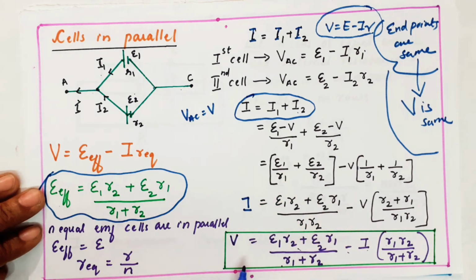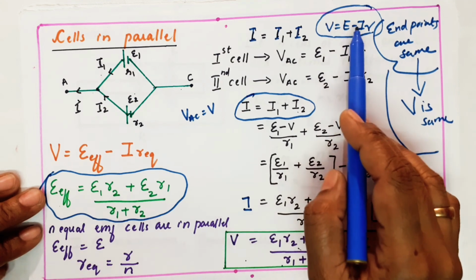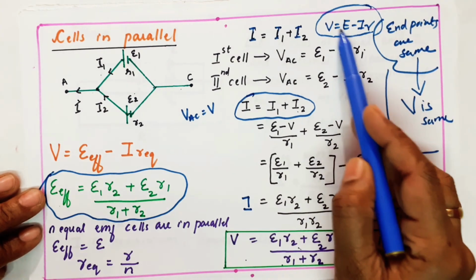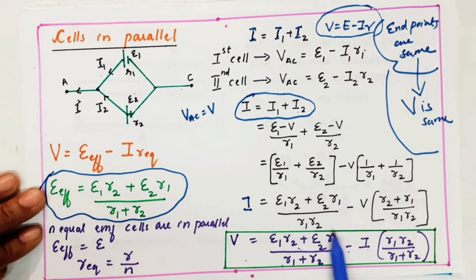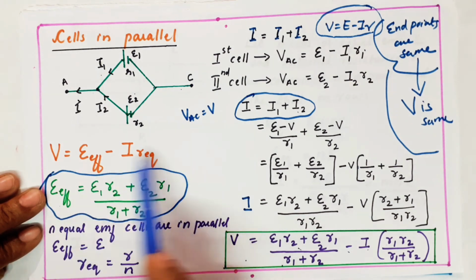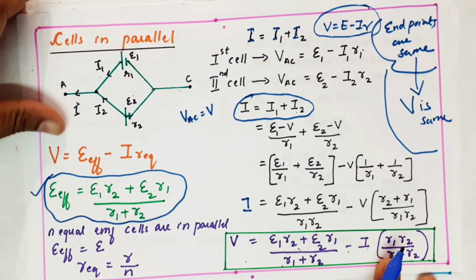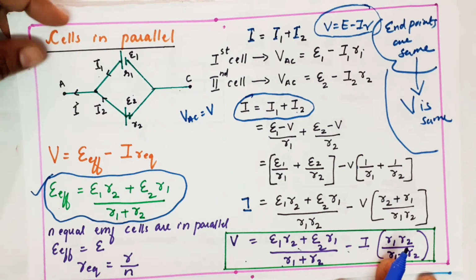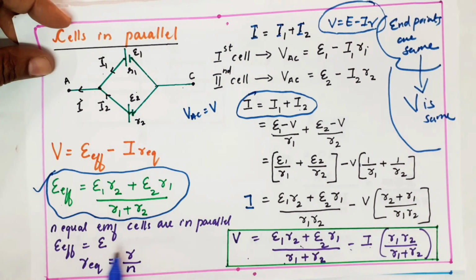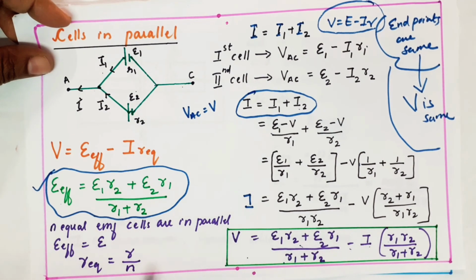After that, I got an equation similar to my first equation. In place of E, I got a big term called E effective. So E effective is (E1 R2 + E2 R1) by (R1 + R2). Clear? If cells of equal EMF are connected in parallel, EMF does not change but internal resistance changes.